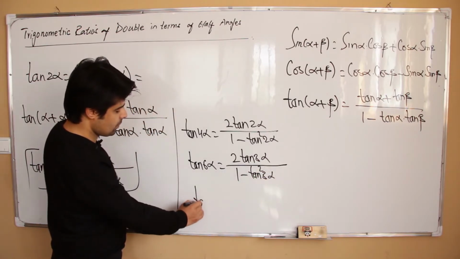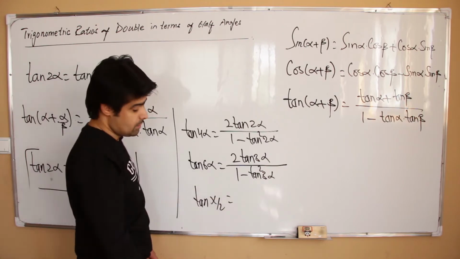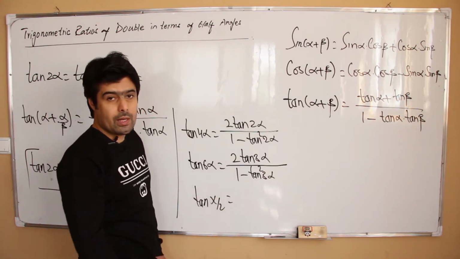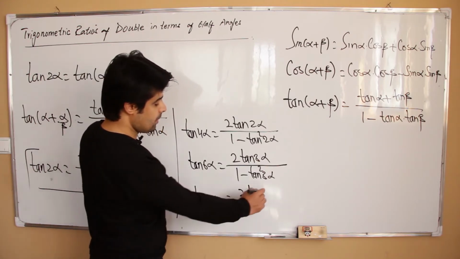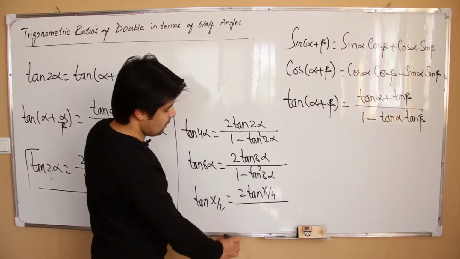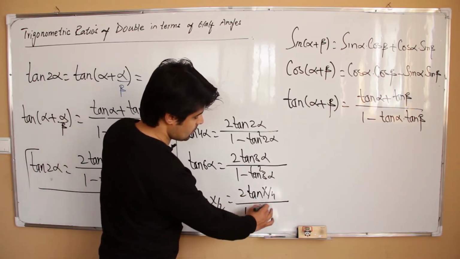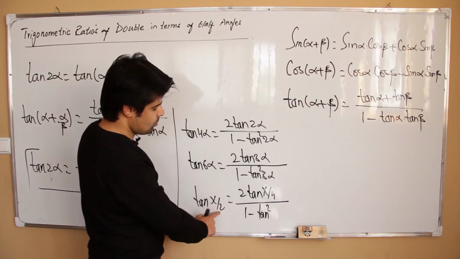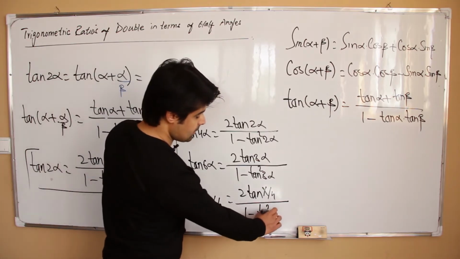If we want to use tangent of x divided by 2, x divided by 2 is an angle. So 2 tangent of its half, x by 4, divided by what? 1 minus tangent square of x by 4, half of x by 2.